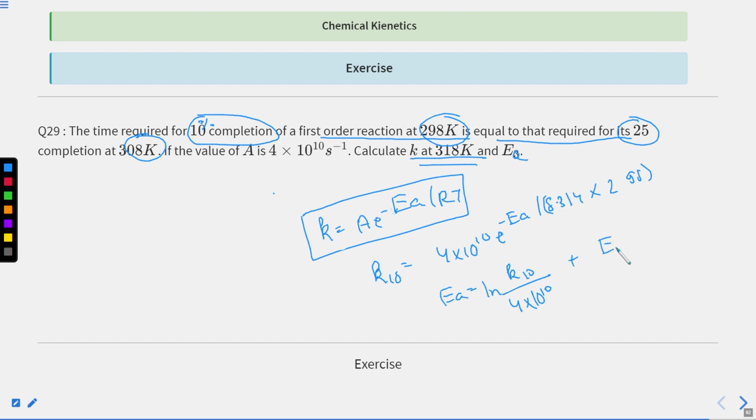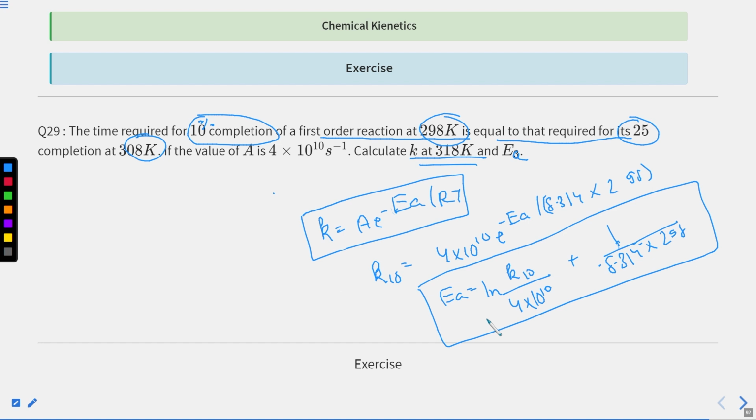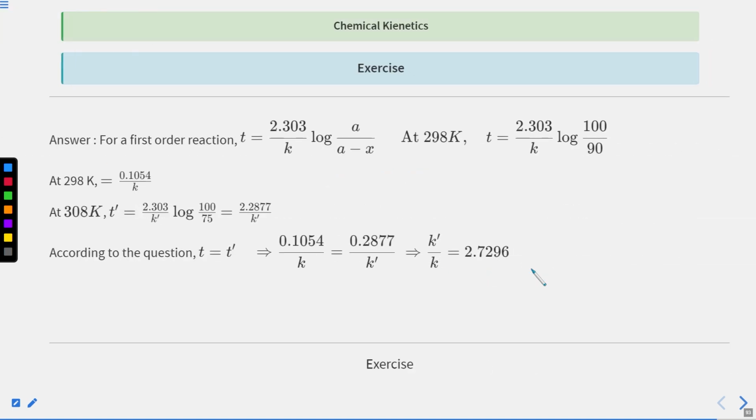Then EA will be nothing but 1 by 8.314 into 298. You will calculate EA from here and EA from the other equation. Just equate them to get a relation between K10 and K25. Once you got this, just use it to find K at 318 Kelvin. Okay, let us see the solution.